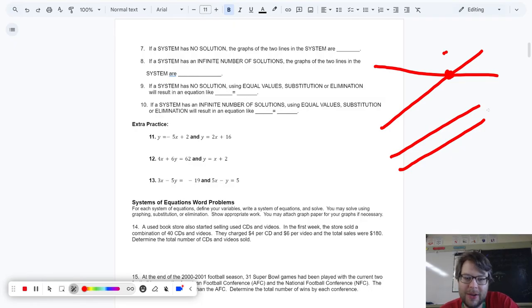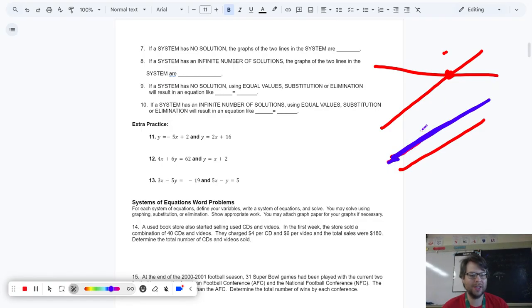Number 8 talks about infinite solutions. Then the graphs in the 2 system are what? Well, how could it be infinite solutions? Well, infinite solutions is kind of like parallel. I'm going to try to draw a second line exactly on top of the first line.